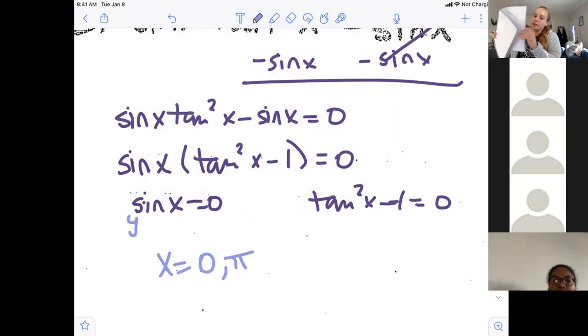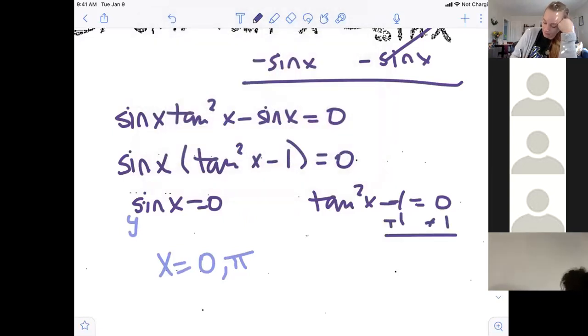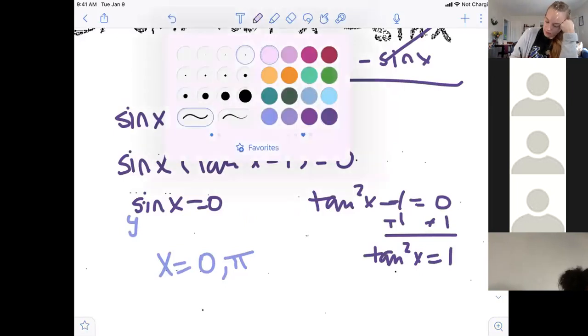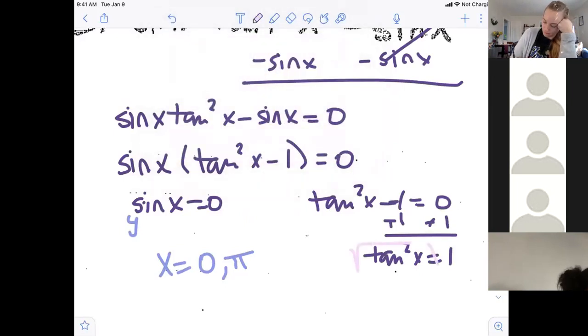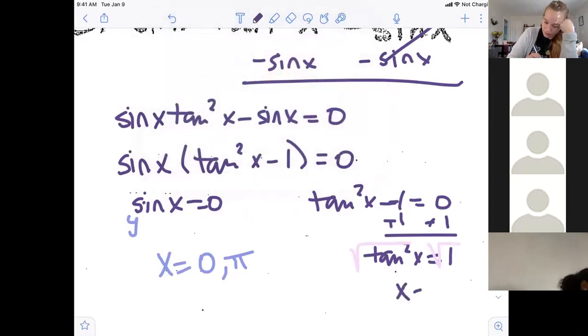And now I've got to do the same thing for my tangent. Tangent squared minus 1. Okay, add 1 to both sides. Square root both sides. That gives me tan x equals plus or minus 1.